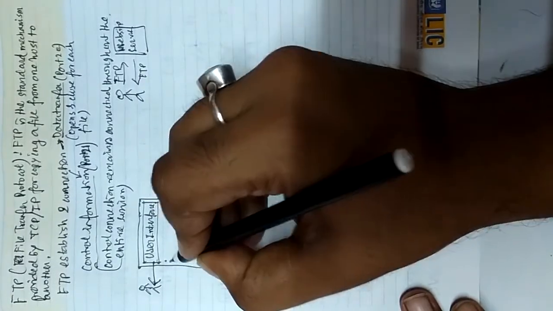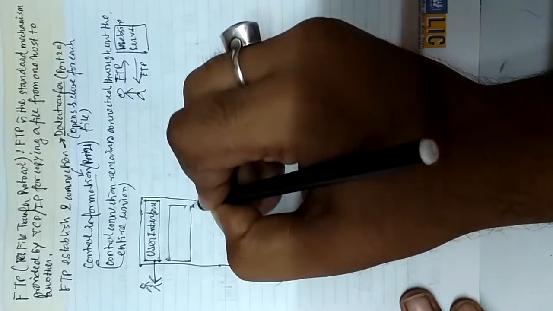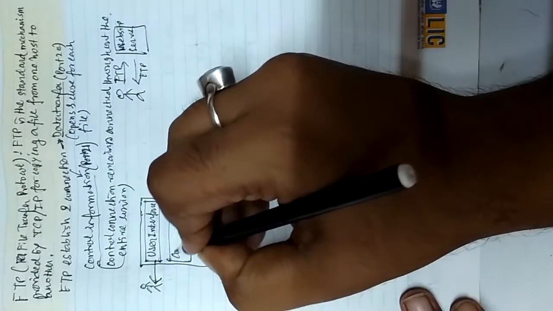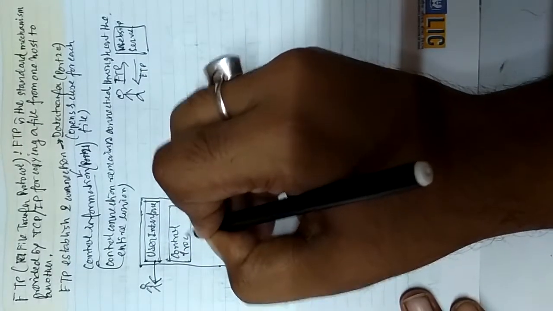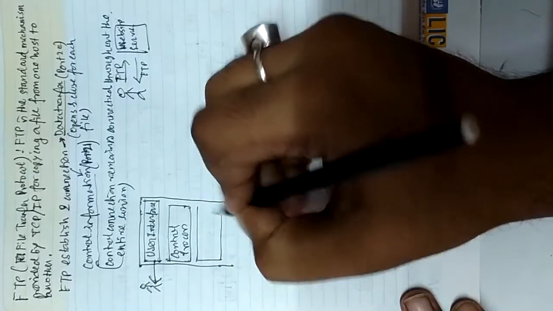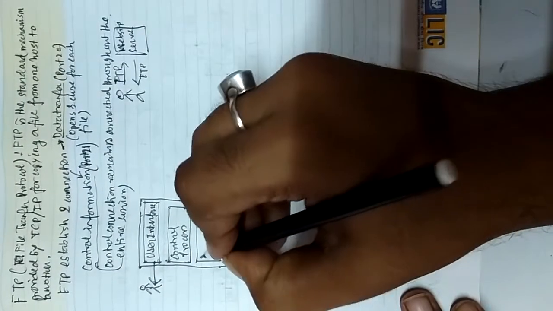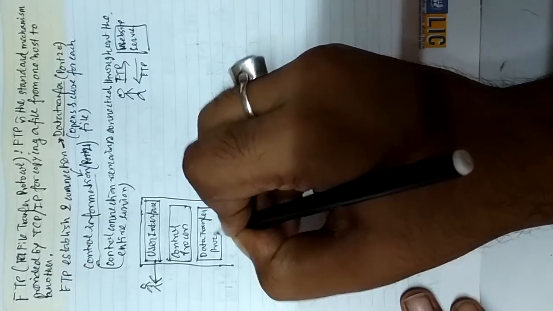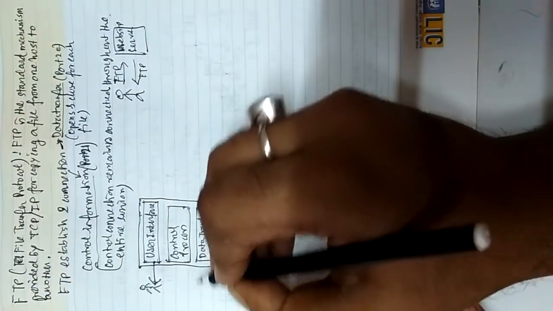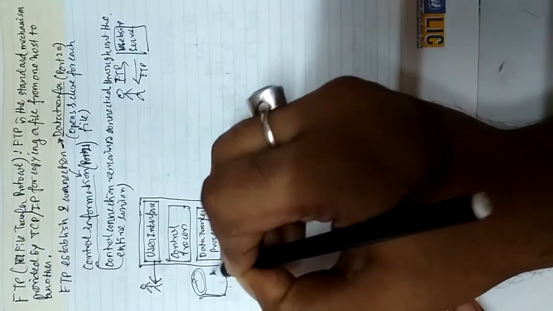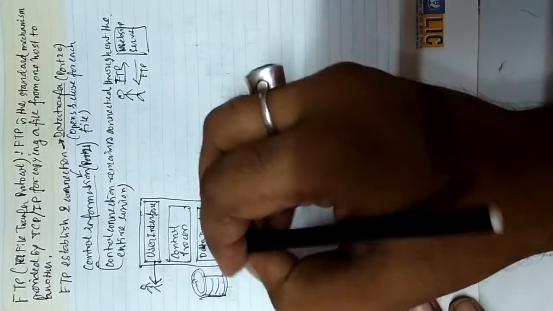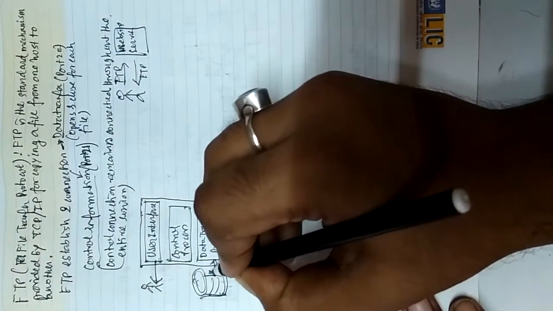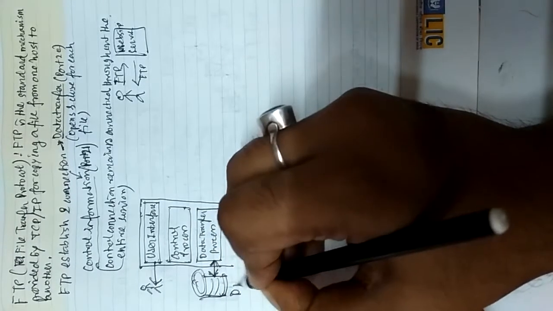Next is the control process, and the third is the data transfer process. There is a corresponding disk where the data transfer is done.